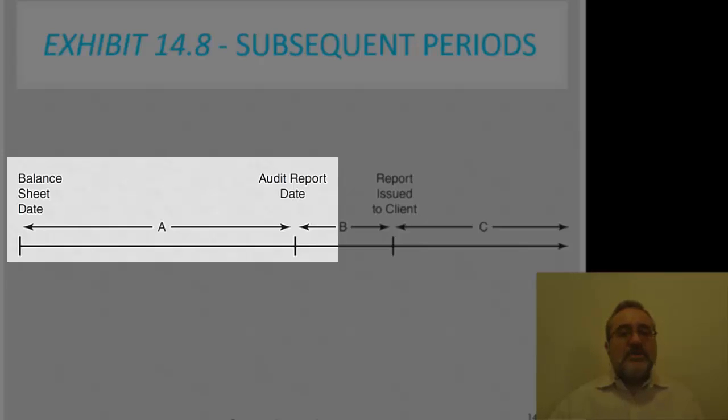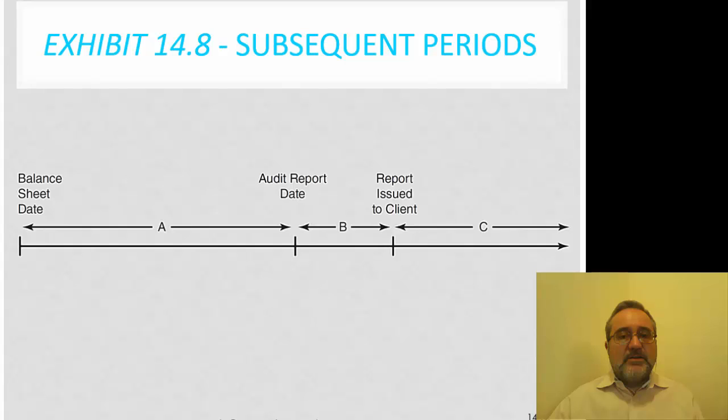Once the auditor is completed with the audit, this is when we date the audit report as of, let's say it's March 1st. Now, there is a time period, which is B, that's after the auditor has left and the date of the audit report and the date that the financial statements are issued with the audit report. So that's B. So B is the subsequent period.